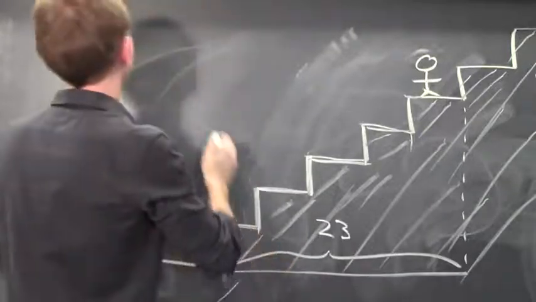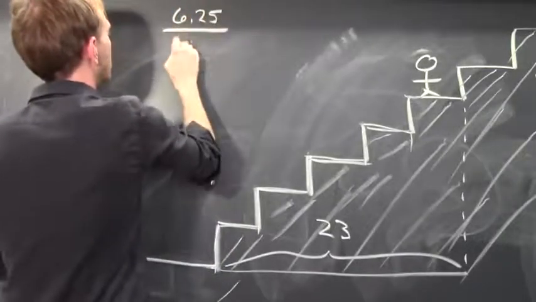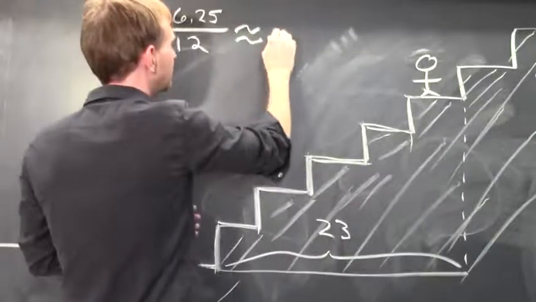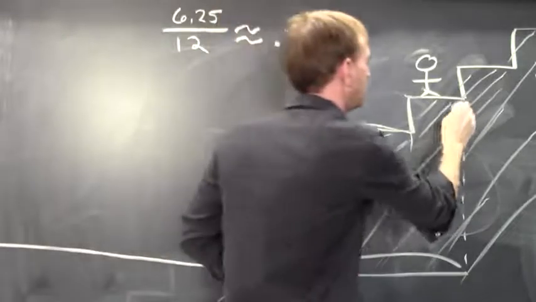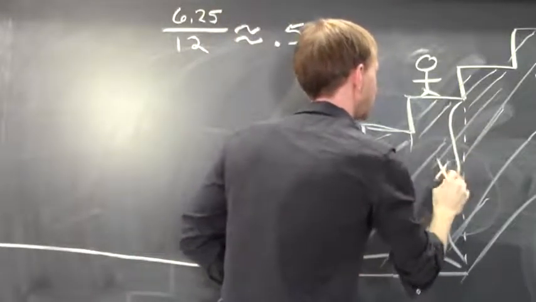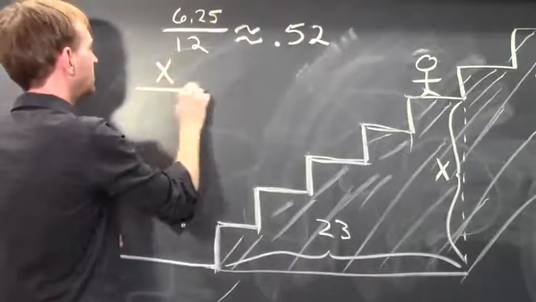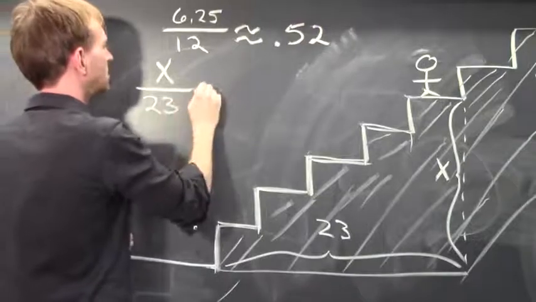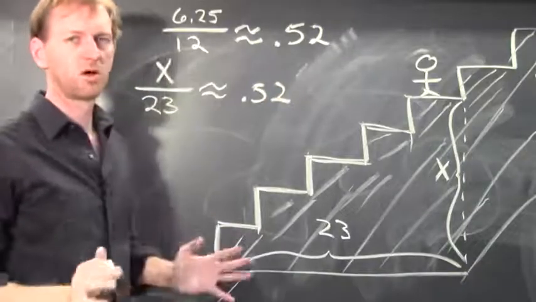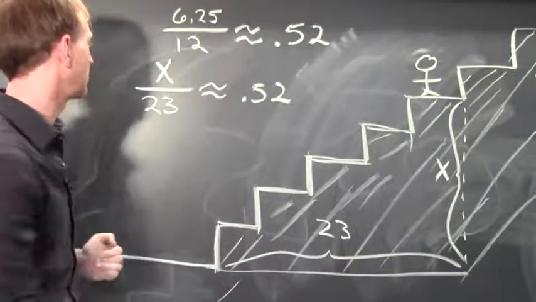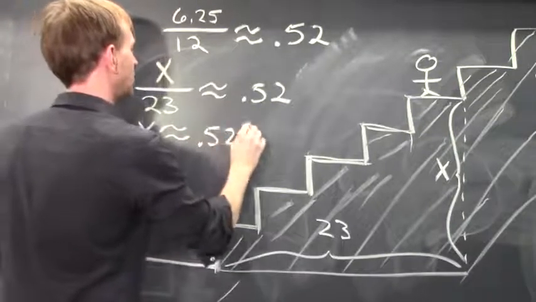So if you remember, the slope of the staircase was 6.25 over 12, which is approximately 0.52. We want to know this height, x. So we want x over 23 to be approximately 0.52. Solve for x. Multiply both sides by 23, and we get x is approximately 0.52 times 23.